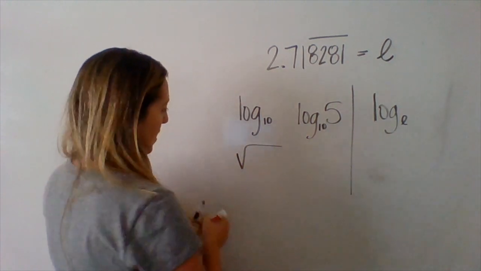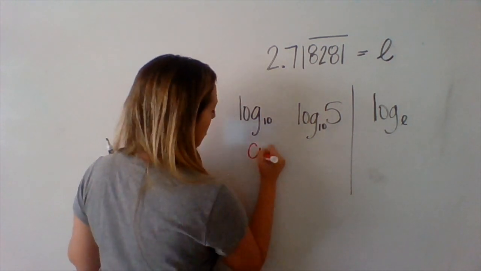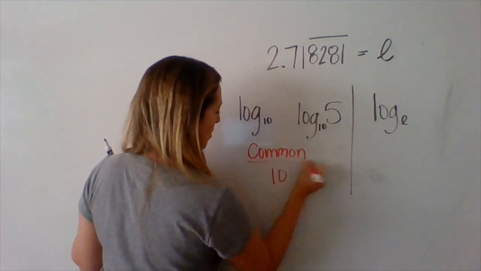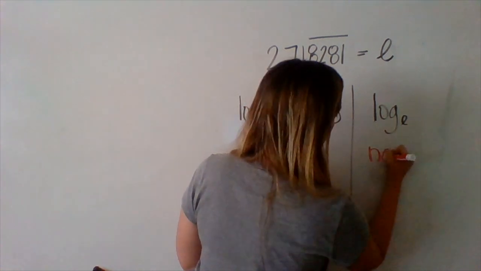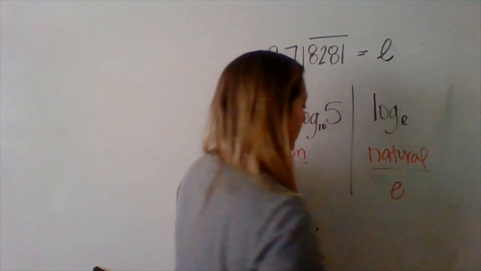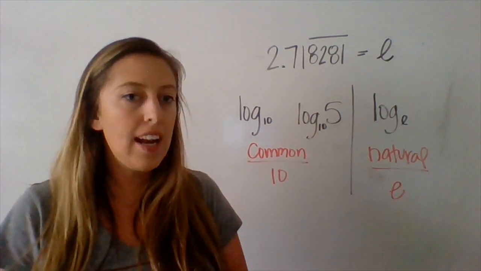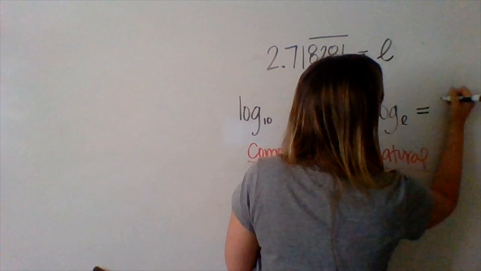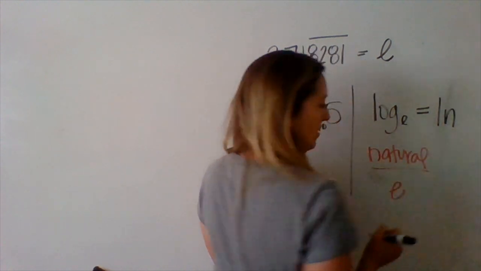So the common log is base 10, and the natural log is base E. Instead of writing log base E, what you will actually see is ln.